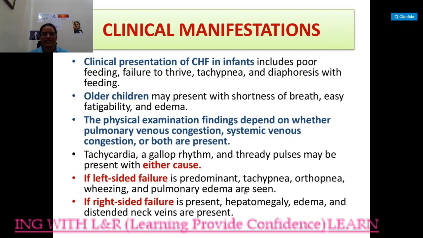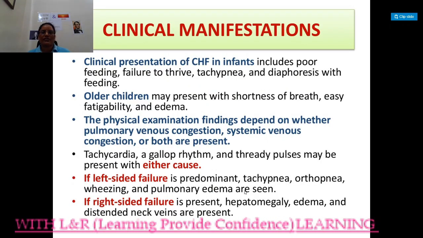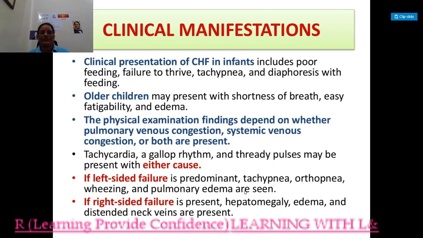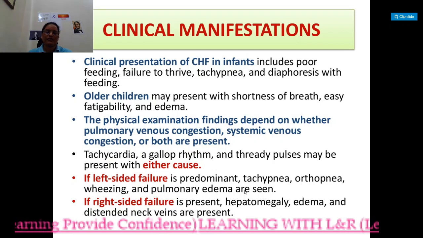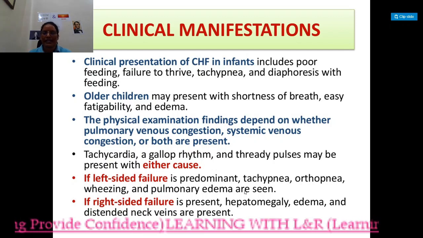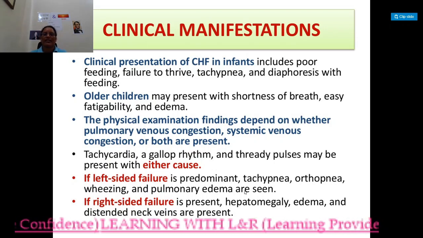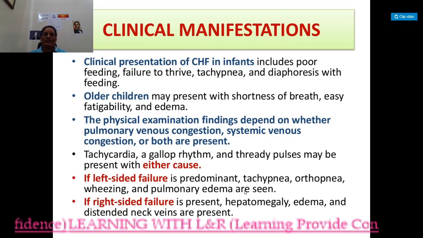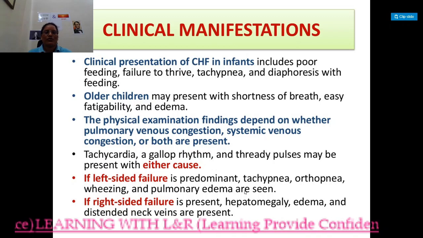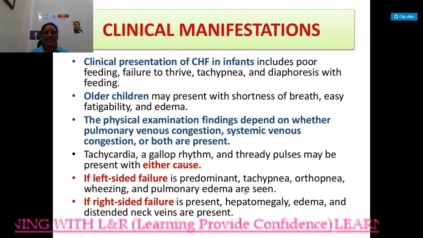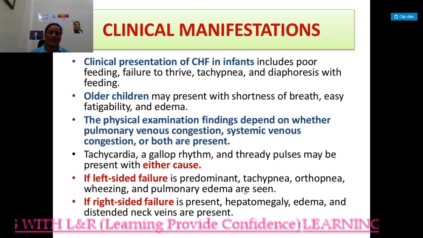Then clinical manifestations. Clinical presentation of CHF in infants includes poor feeding, failure to thrive, which means the child does not grow according to age, tachypnea, then diaphoresis, abnormal sweating with feeding. Older children may present with shortness of breath, easy fatigability and edema. Fatigability means feeling tiredness.